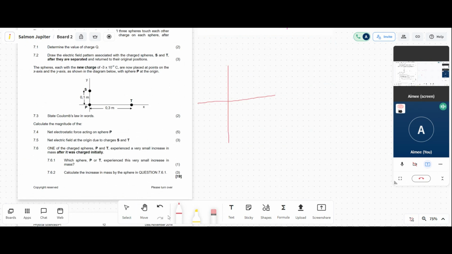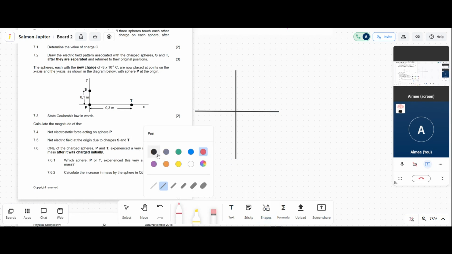x and y. This is your Cartesian plane, where you've got your y-axis, your x-axis.